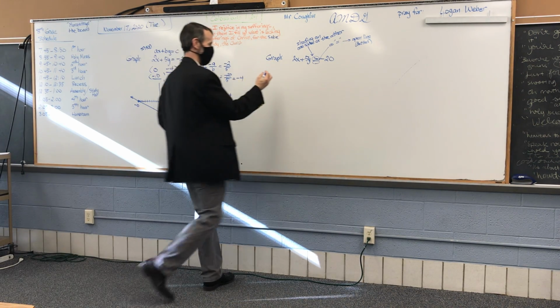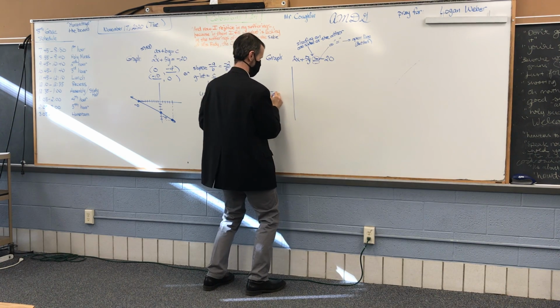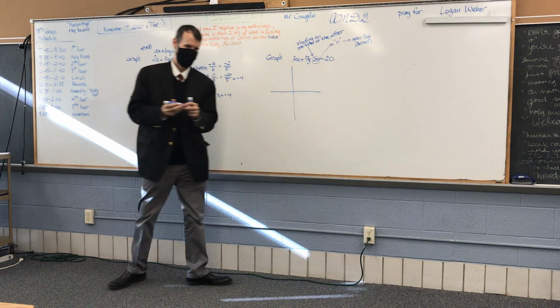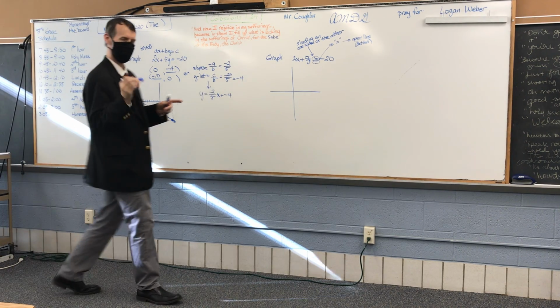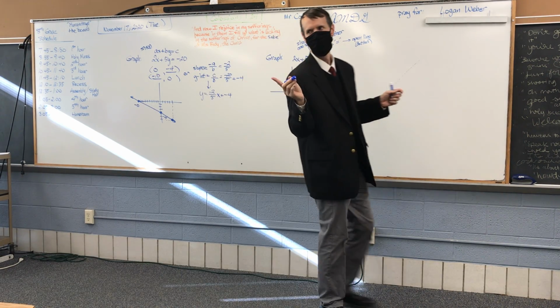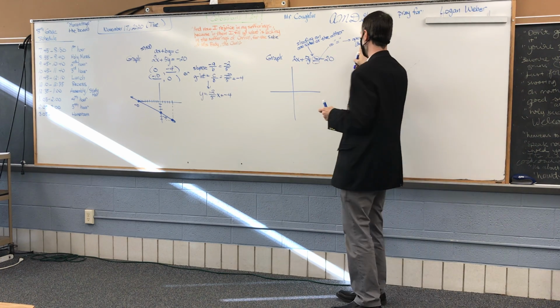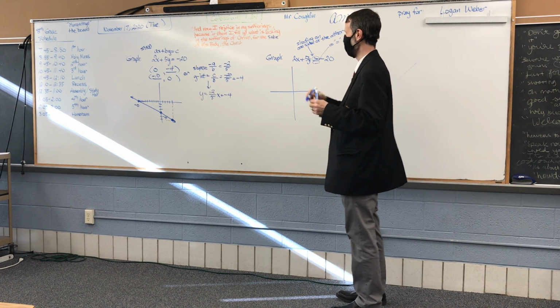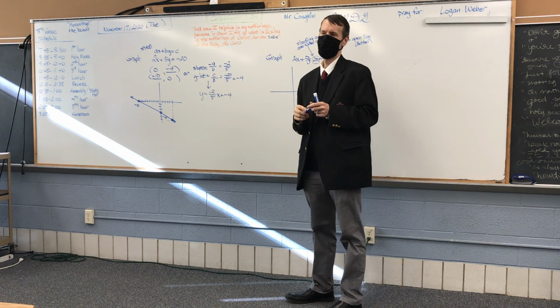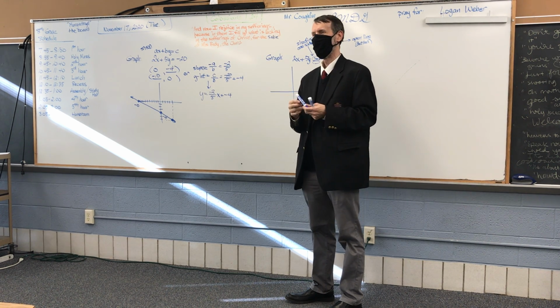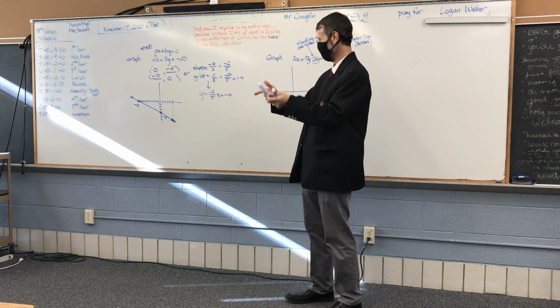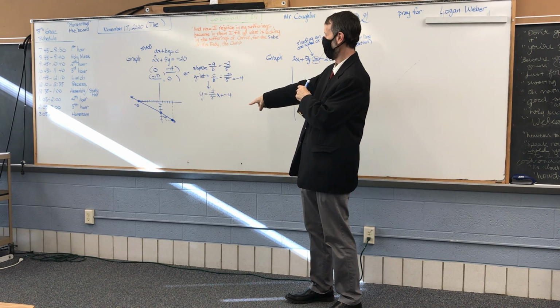So let's graph this thing. Rainey, take over. What kind of dots am I going to use, first of all? Open. Open, good. If there's no equal sign, I'm going to use open dots. Where? Well, on the graph.